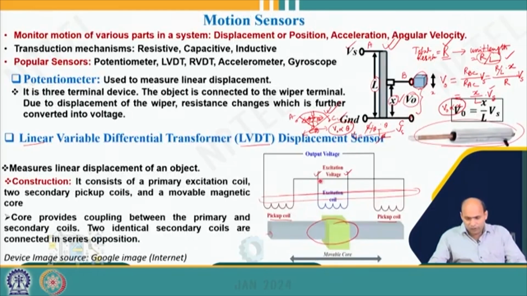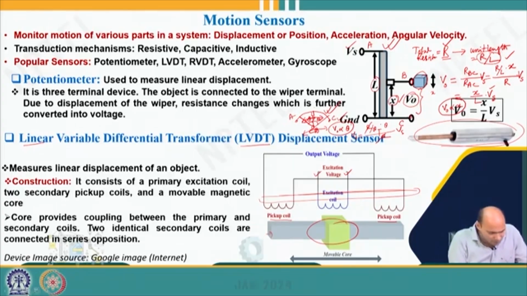So obviously one thing we can understand is that in case of potentiometer, as we said, the wiper or the mid terminal is connected to my object, and when the object is moving, then this wiper terminal is also moving, and accordingly my output voltage is changing. In this case, I will connect my movable object to this core.